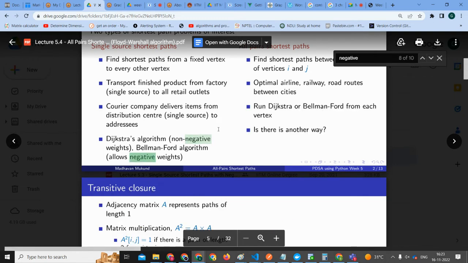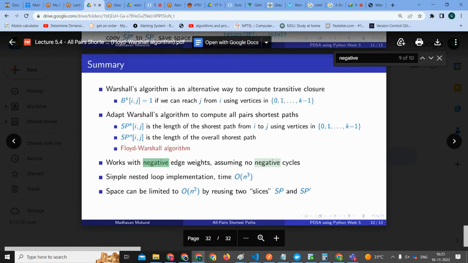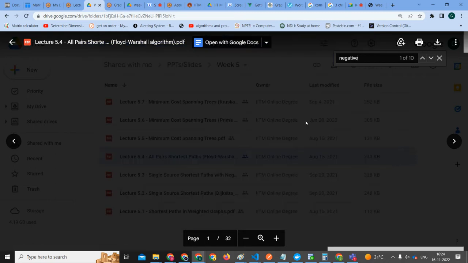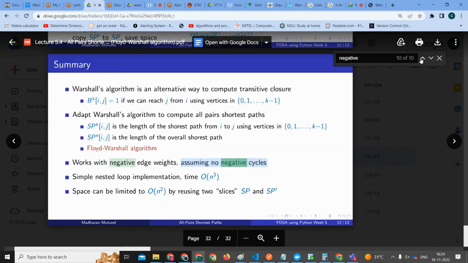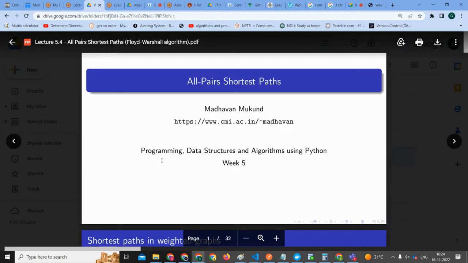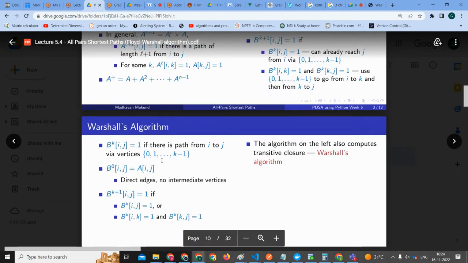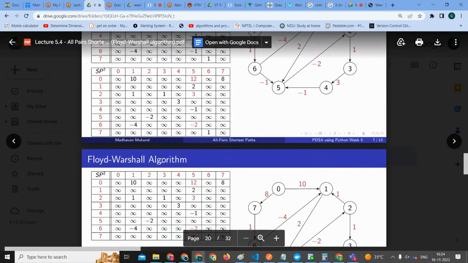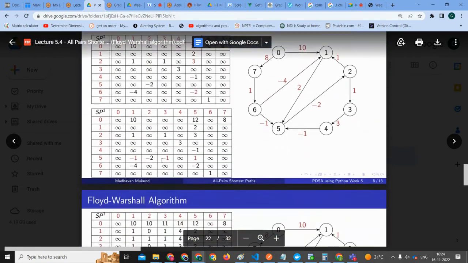Yeah. So non-negative, like words with negative edge weight, assuming no negative cycles are there. So if a negative cycle is there, so after the last iteration, I'll tell you.